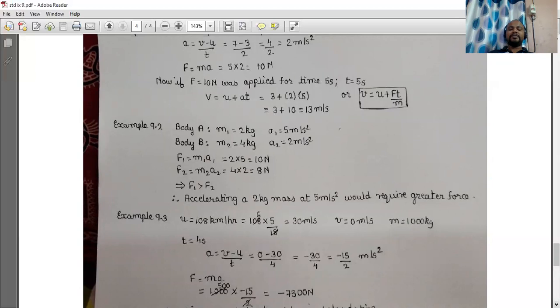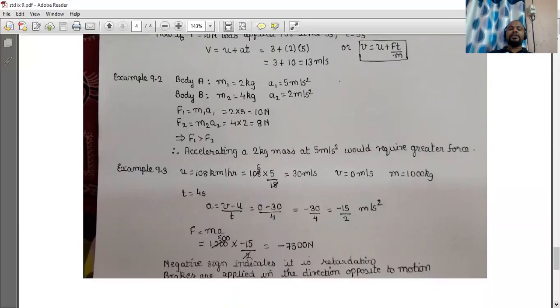So acceleration, as we find it out, gets reduced to minus 15 by 2 meter per second square. Substituting it into the formula F is equal to ma, we get negative 7500 Newton or negative 7500 kg meter per second square. Here, negative sign indicates it is retardation. Brakes are applied in the direction opposite to motion.